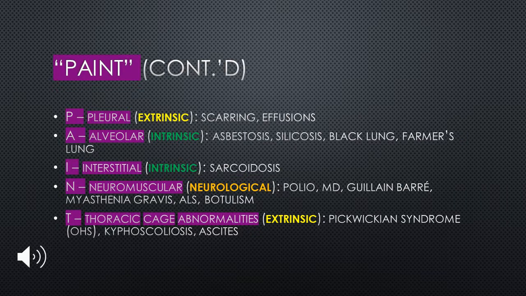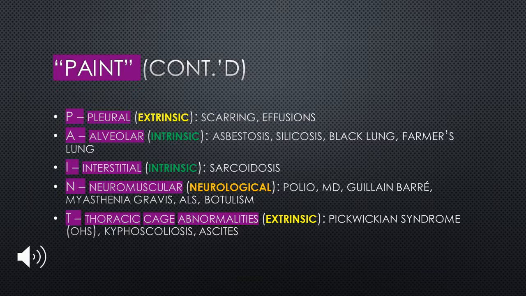So, here's how this categorization system breaks down. Pleural diseases are going to be extrinsic problems, right? So we talked about scarring, we talked about effusions. Alveolar problems are going to be intrinsic because it's in the lung parenchyma. So you've got your asbestosis, silicosis, black lung, farmer's lung. Any of those will cause inflammation and scarring intrinsically, which will result in trouble expanding, right?